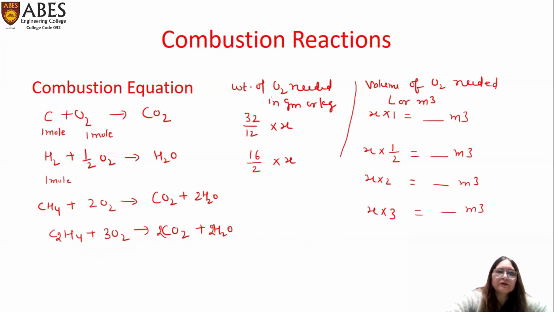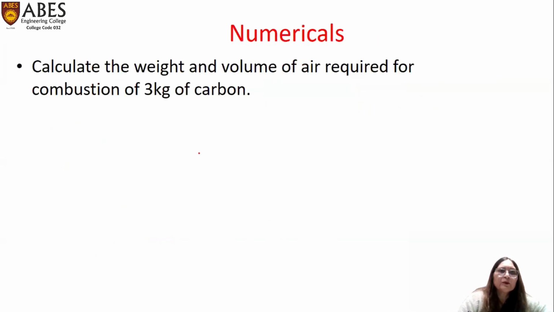Now we will solve a numerical with the help of these chemical equations. Calculate the weight and volume of air required for the combustion of 3 kg of carbon.